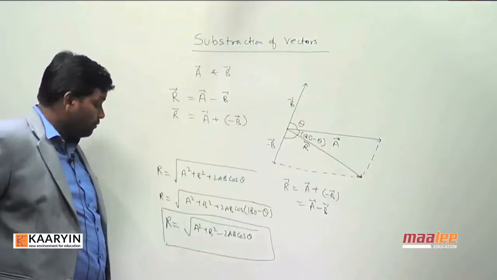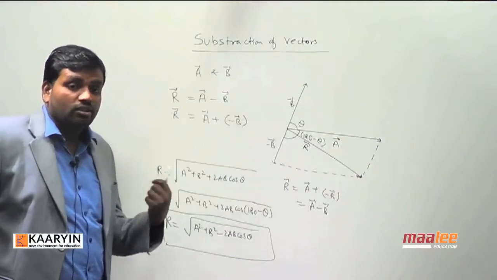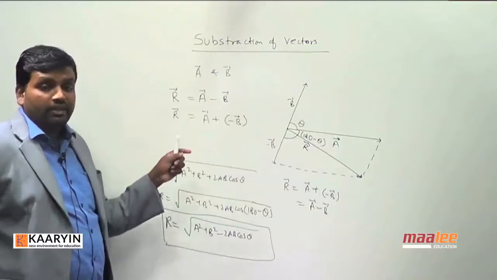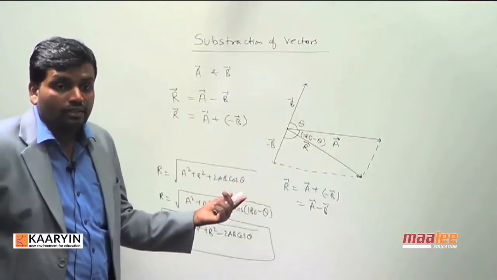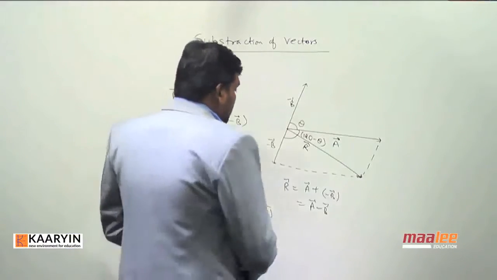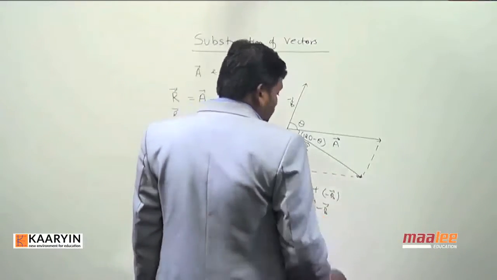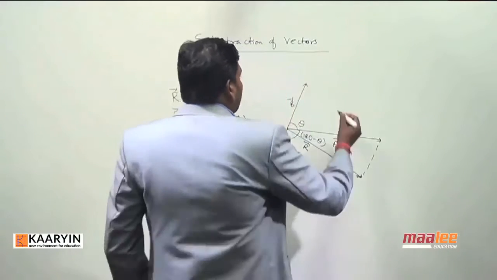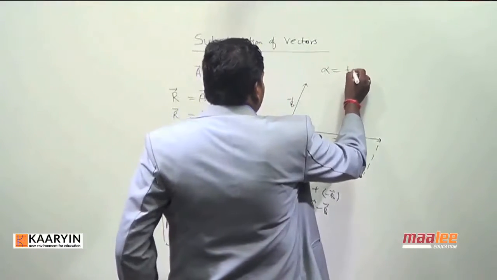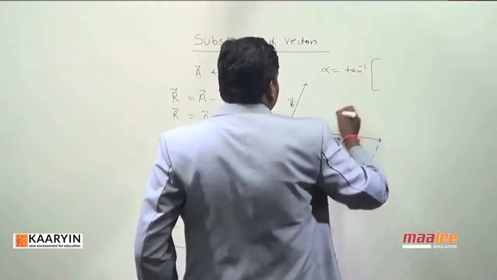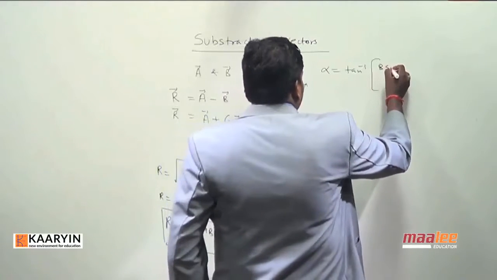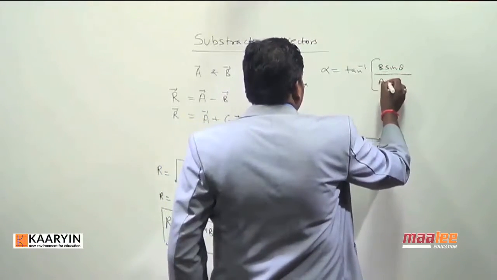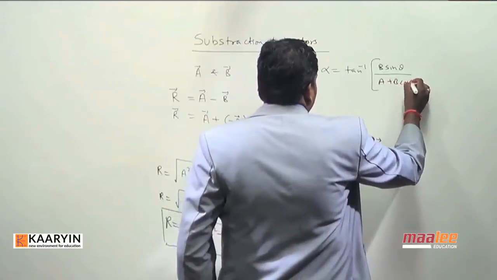Now, you have to find the direction of the resultant vector when you are subtracting two vector quantities. For direction you have learned the formula alpha is equal to tan inverse of B sin theta by A plus B cos theta.